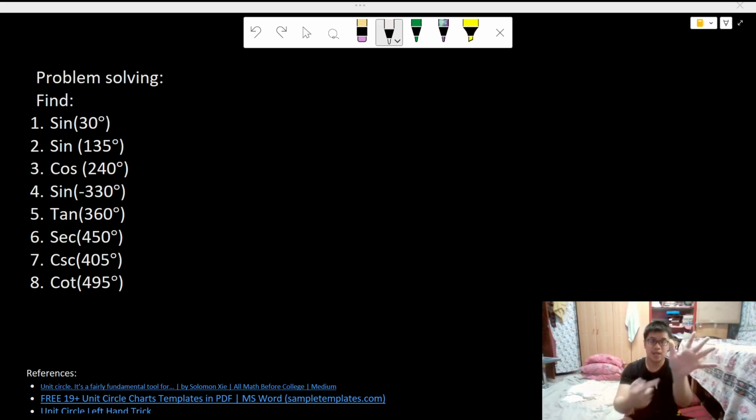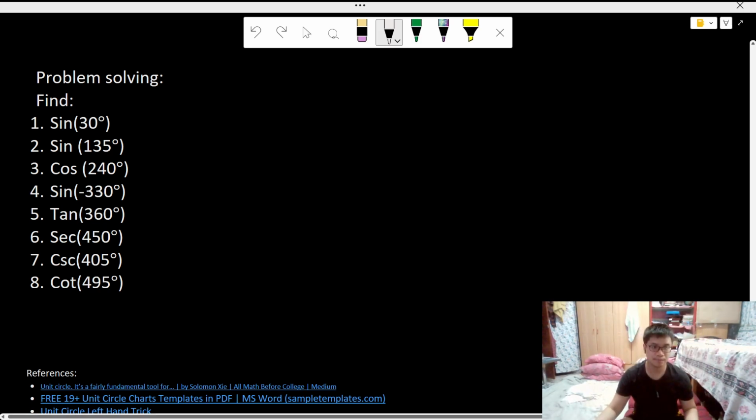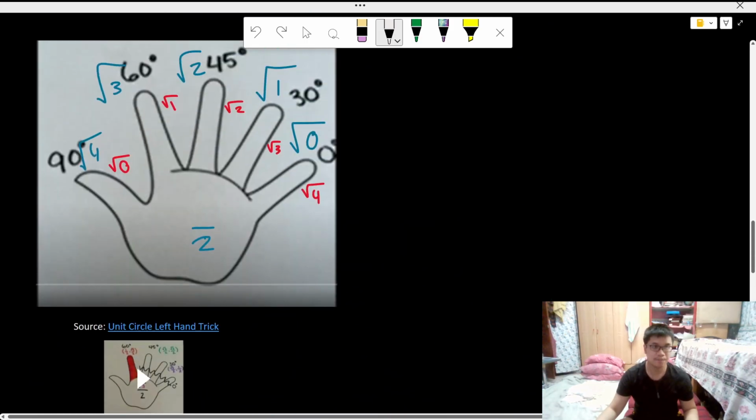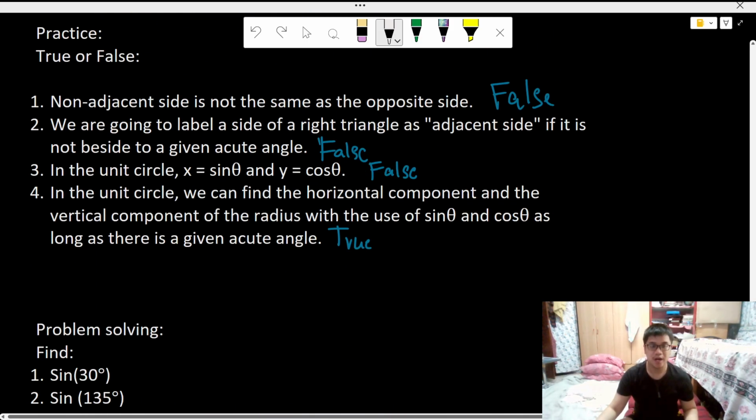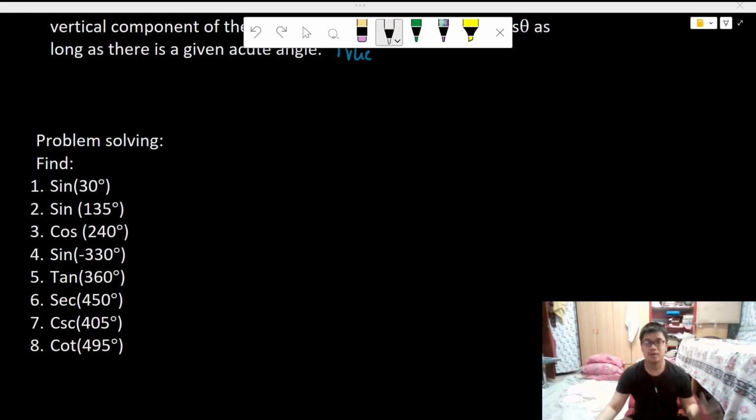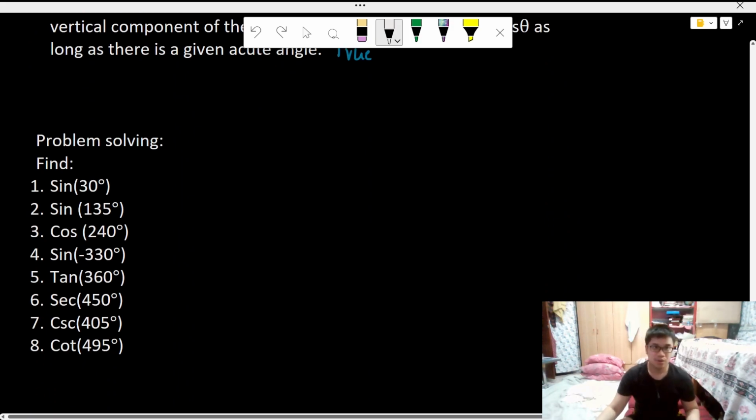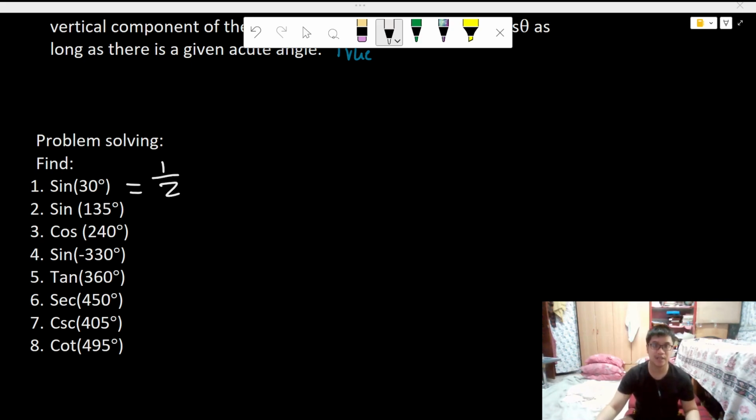Then in your palm here, you have a denominator of 2. So if you have square root of 1, your answer would be 1 all over 2. So that is sine 30 degrees.